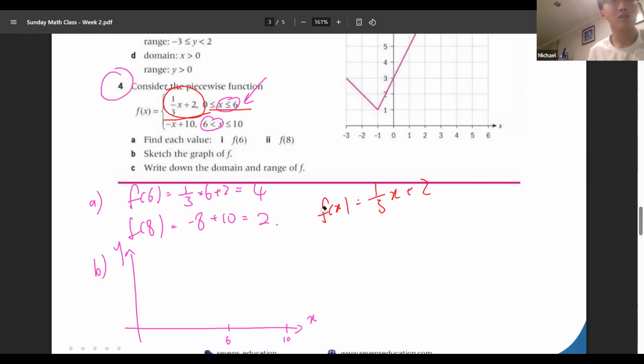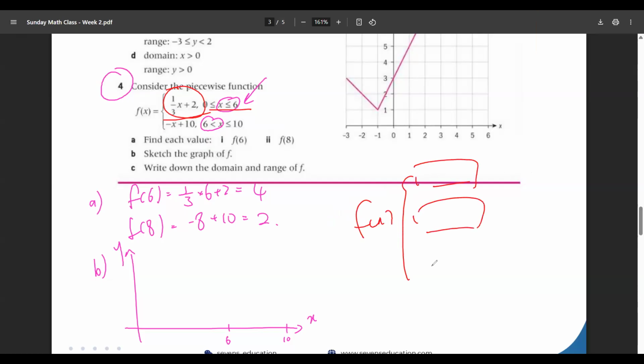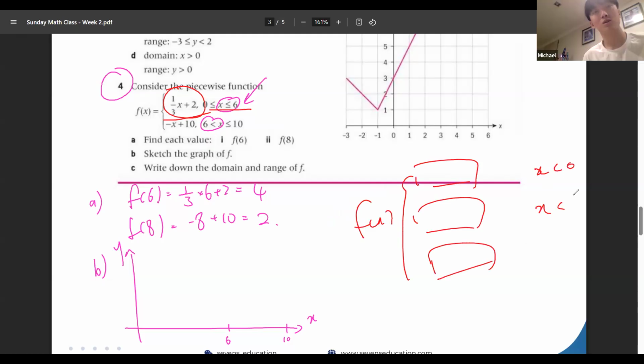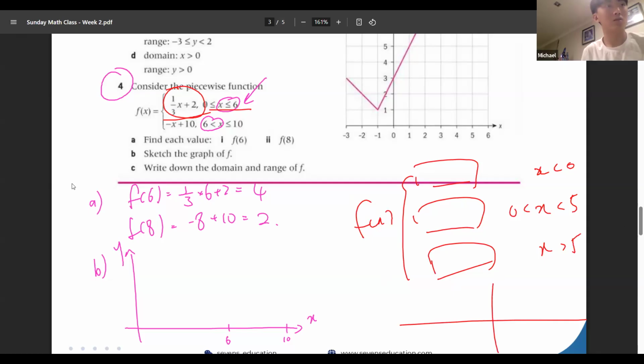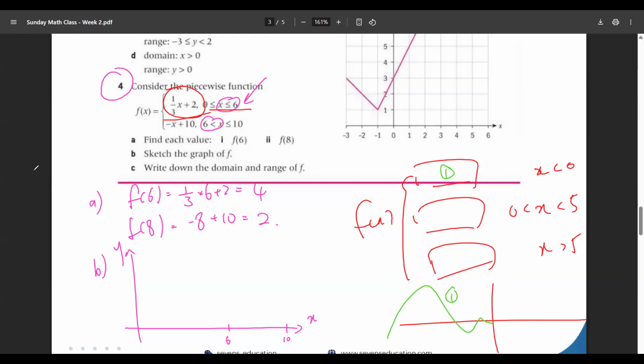All right, listen now, I'm going to tell you what it is. We have f of x and a bunch of equations, right? Let's say x smaller than 0, x between 0 and 5, and then x bigger than 5. And then we have a graph. Let's say this is your graph 1, but it stops at 0, right?